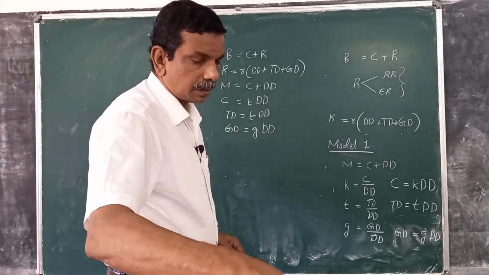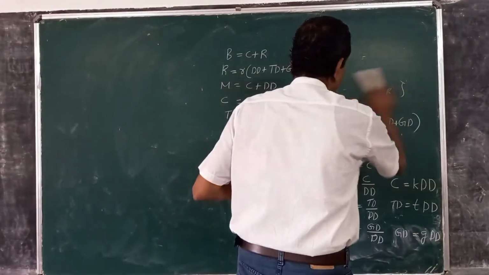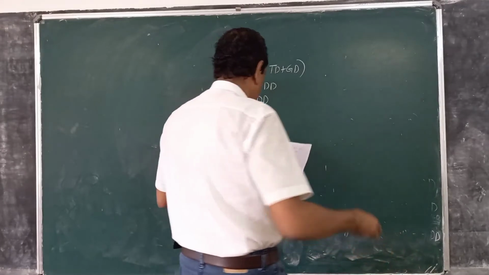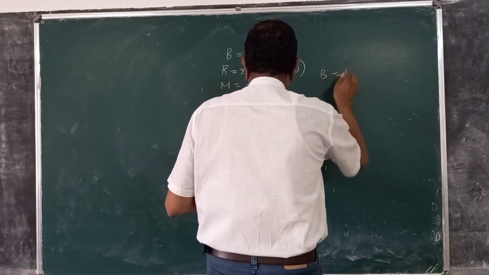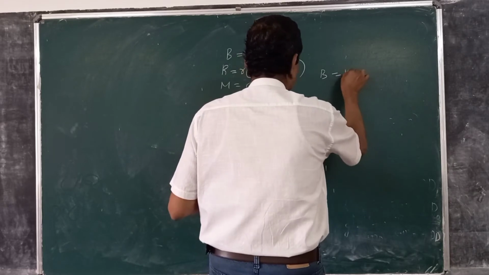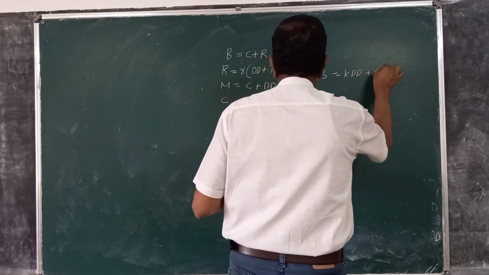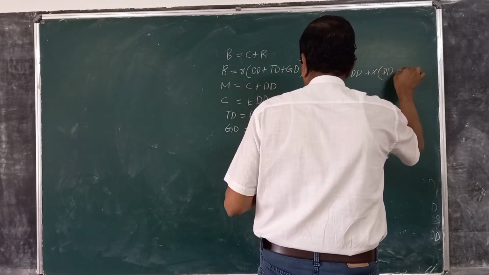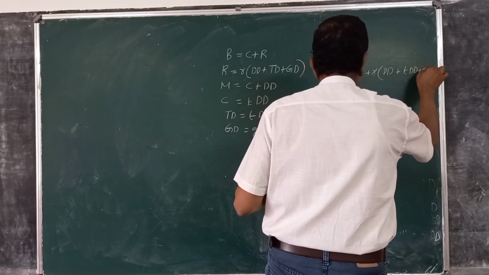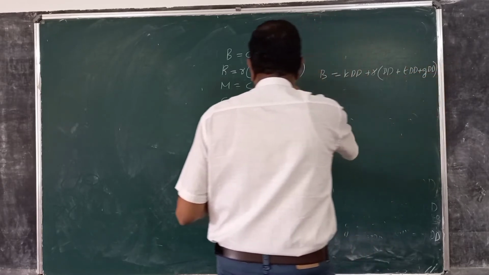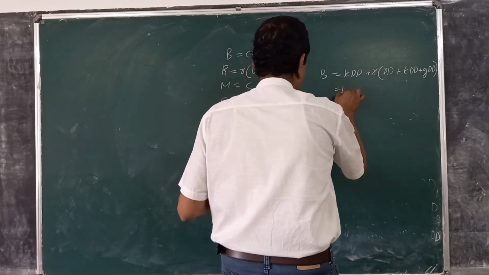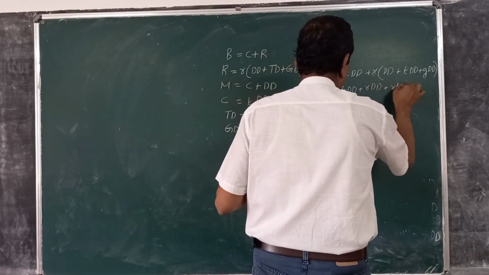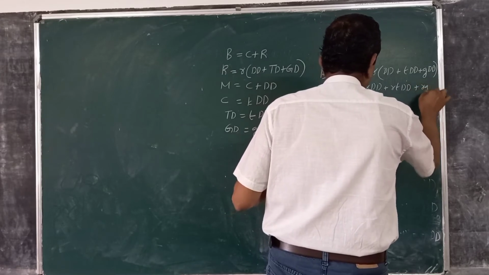Now we substitute these values. B is equal to C plus R, that is K into DD plus R into DD plus R into T into DD plus R into G into DD.